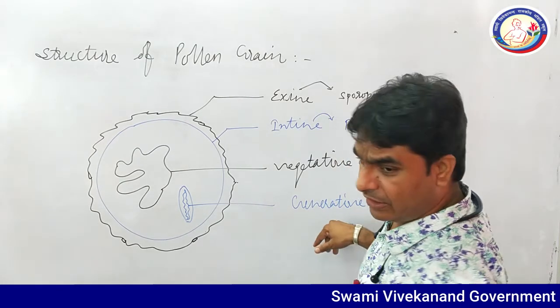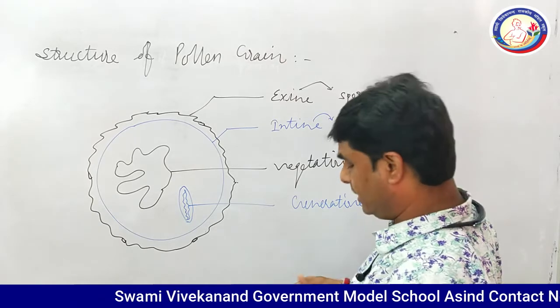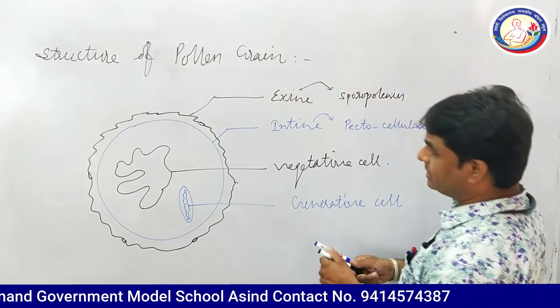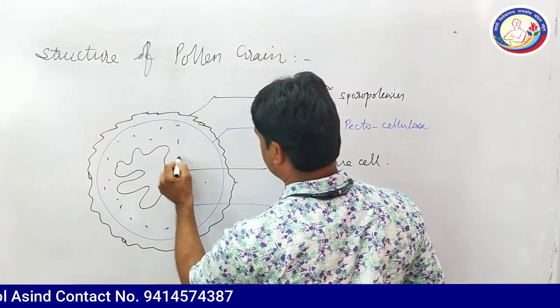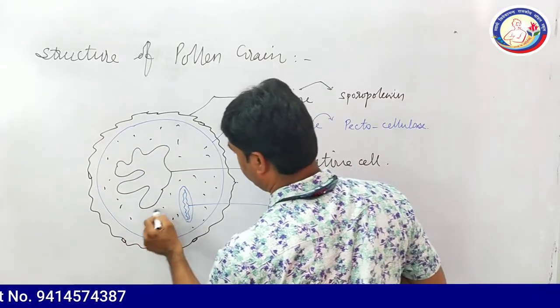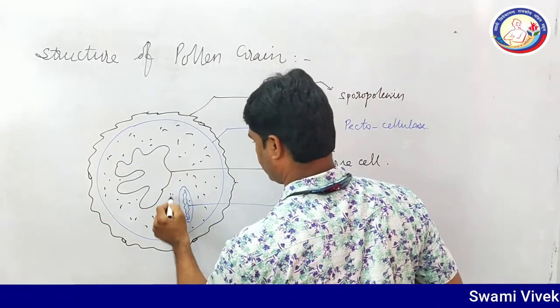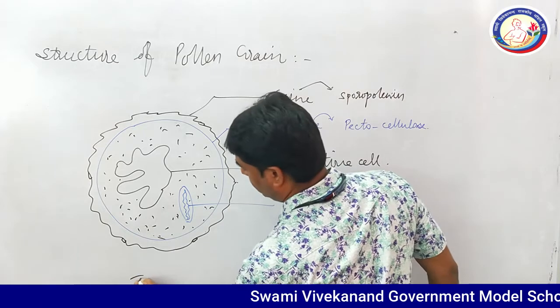Basically, the generative cell, or you can say its nucleus, is suspended in the irregular vegetative cell. So this is basically a simple structure of the pollen grain, the typical structure of the pollen grain.